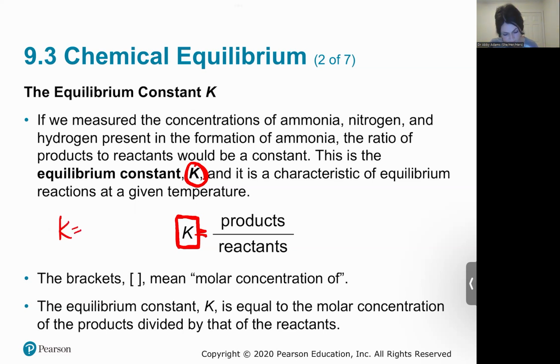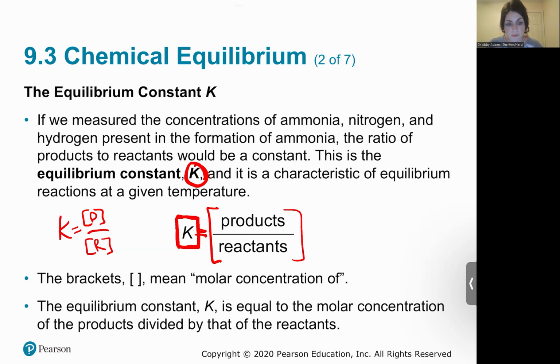So K equals the concentration of your products over the concentration of your reactants, right? For some reason, I guess those brackets didn't show up, but that means the molar concentration of. So the equilibrium constant is equal to the molar concentration of the products over the molar concentration of the reactants.